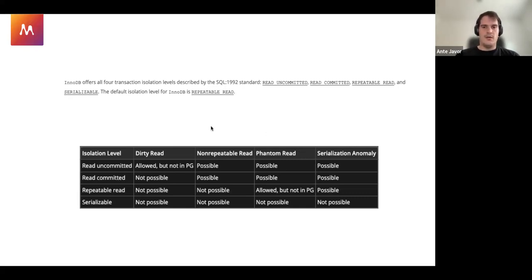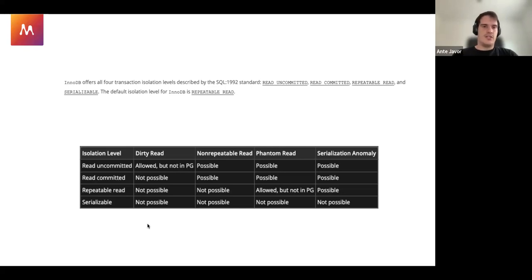And the table below is from the Postgres docs. You have the same isolation levels mentioned: read uncommitted, read committed, repeatable read, and serializable. And there are anomalies that can happen during the normal process of the database.